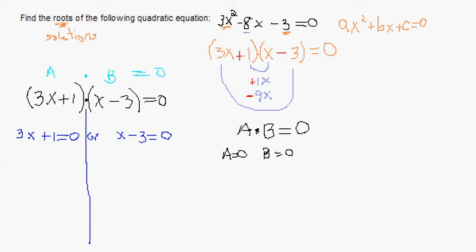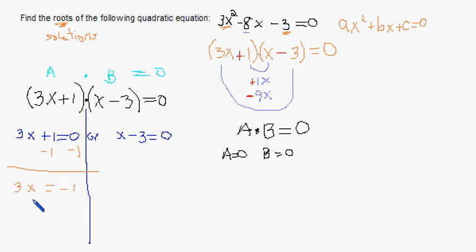So in this case, if we're solving for x here, I'll be subtracting 1 on both sides. Remember, that's the addition property for solving equations. So now we have 3x equal to 0 minus 1, which is negative 1.